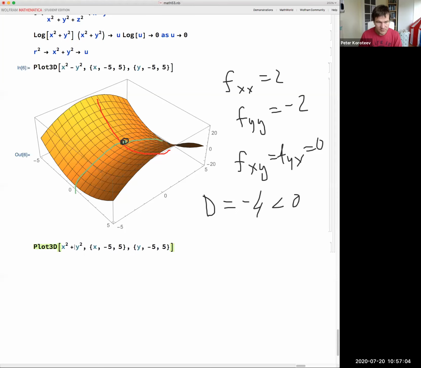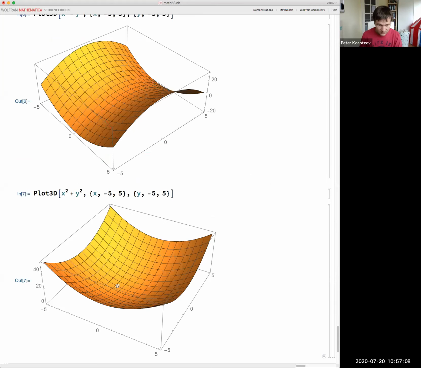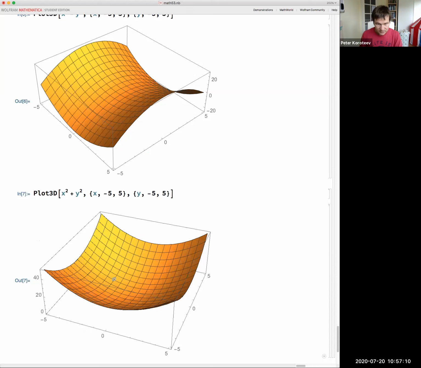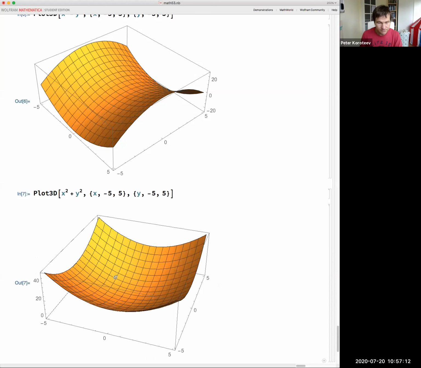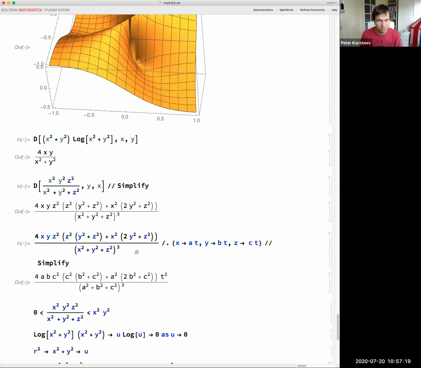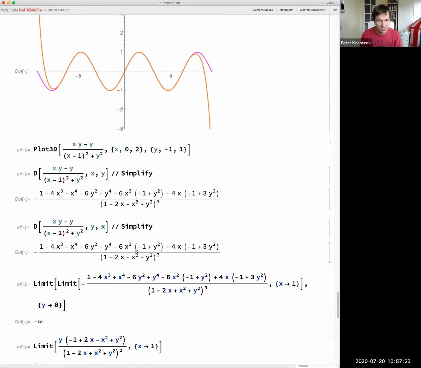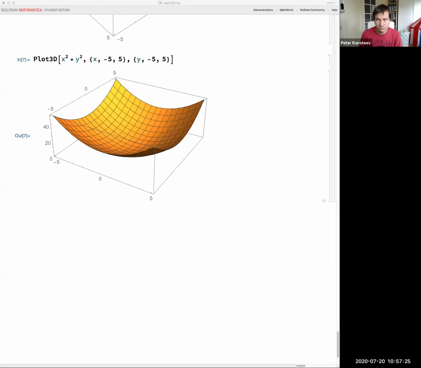Of course, if you switch the sign, everything will be all right. So you have a perfect local minimum at x equals 0, y equals 0. Okay. Good. Any questions?